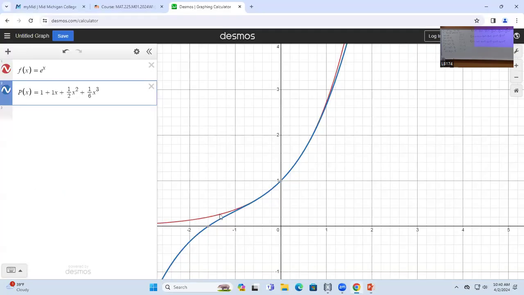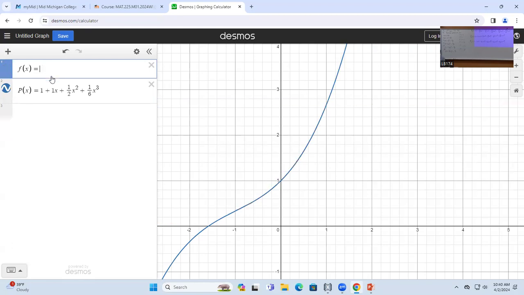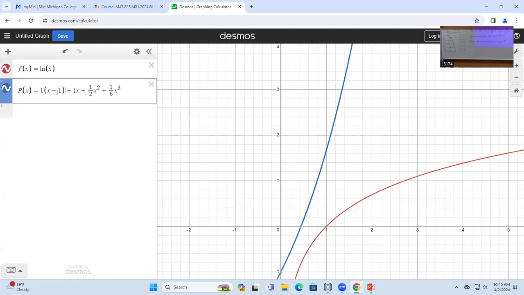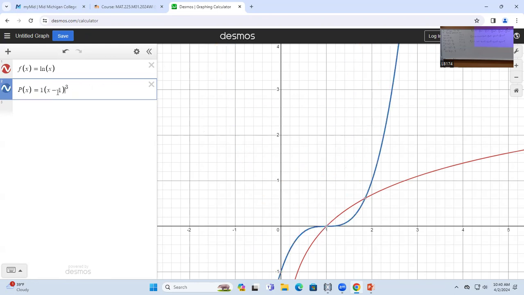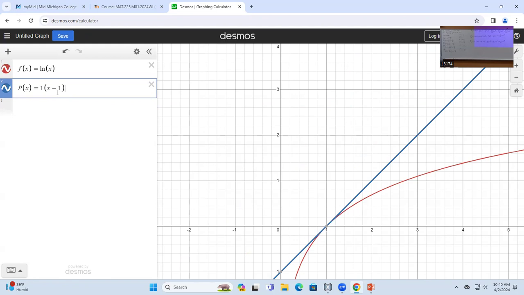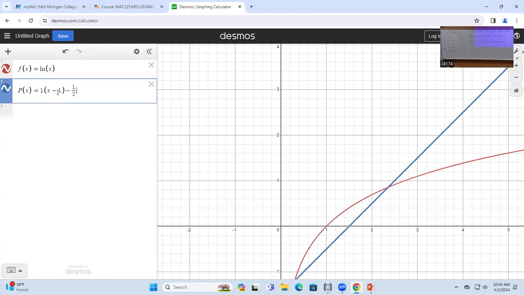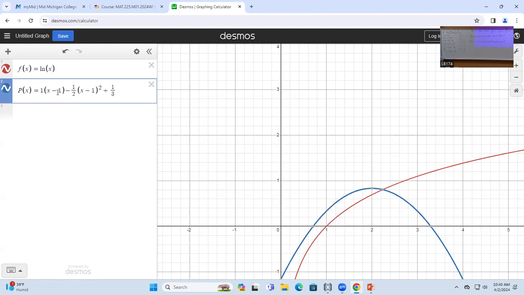Now, I want you to see how this is actually going to look graphically. Oh, did I screw that up? Plus 1/3 x minus 1 to the 3rd power. Excuse me.